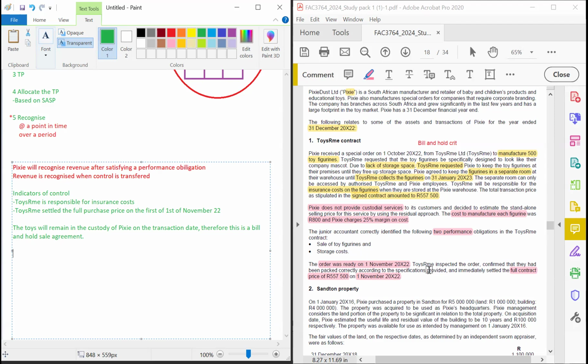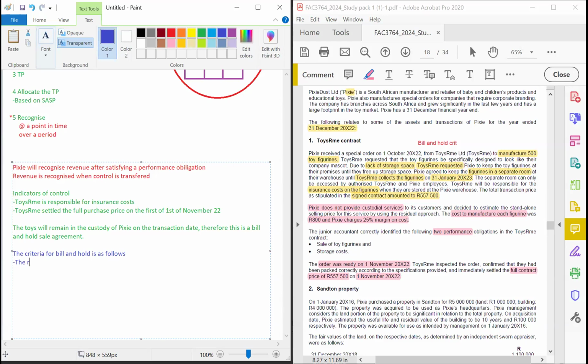you can state the criteria of the bill and hold criteria. That is not a problem, right? Because now, you can just justify the bill and hold criteria. So in order for you to justify this, you would state the criteria for bill and hold. So let me write it for you, yeah? So the criteria for bill and hold is as follows.